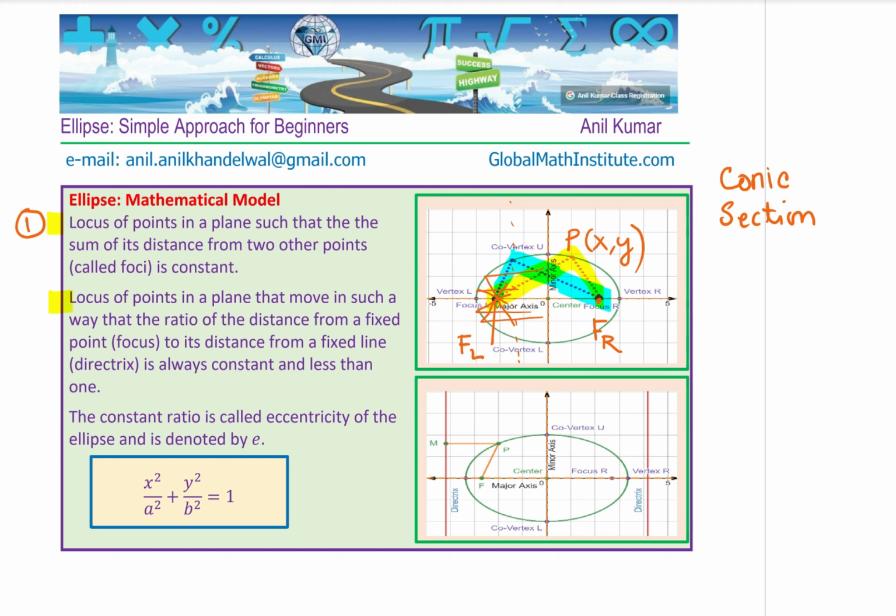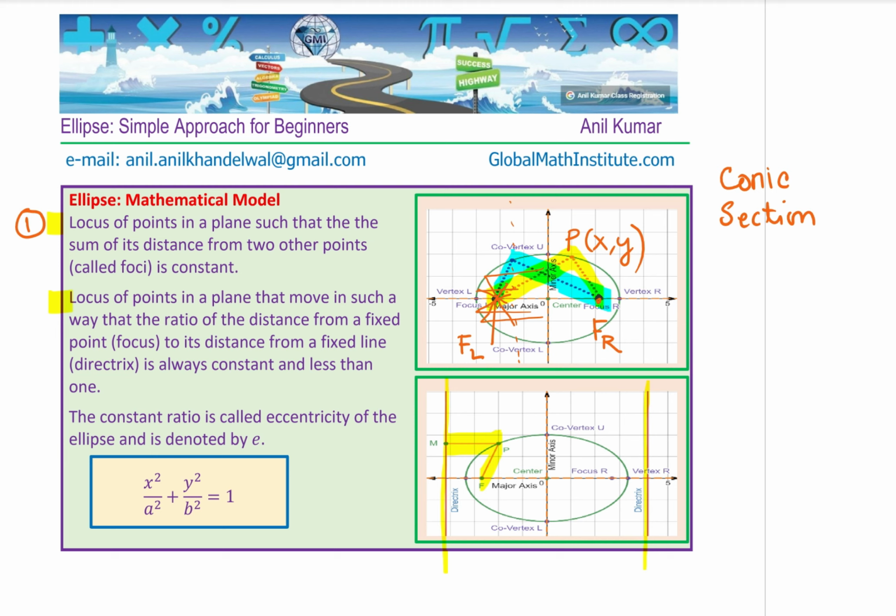So now we are talking about the distance of a point from the focus to the distance from a fixed line. Now these lines which are shown here, the vertical line in this particular case, are called directrix. So that ratio is constant.